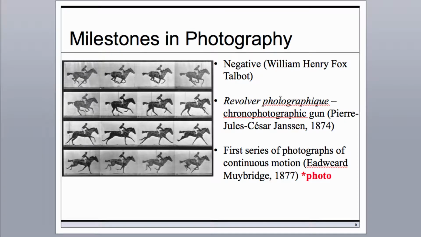So first they create, of course, images that became negatives. That's not yet. Then the revolver photographic through 1874, a special photographic gun, and then the first series of photographs to show continuous motion, which is the horse galloping.